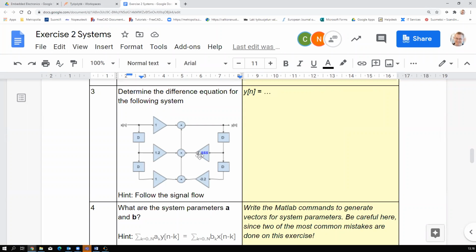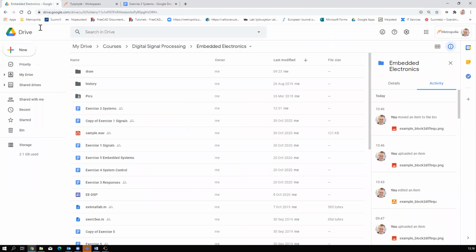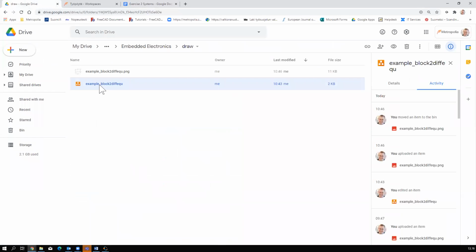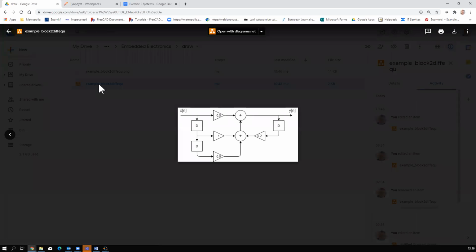Then the third part is how to determine the difference equation. Let's see, okay, let me see if I can actually get one drawing. Okay, I will open it on a diagrams.